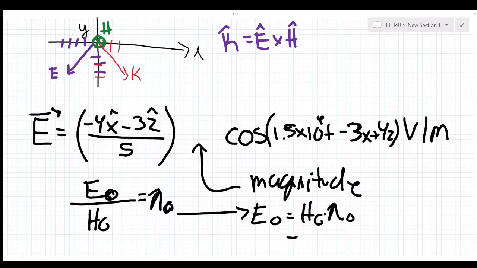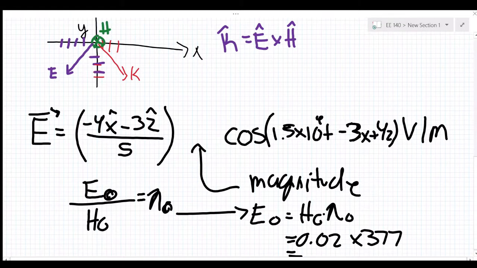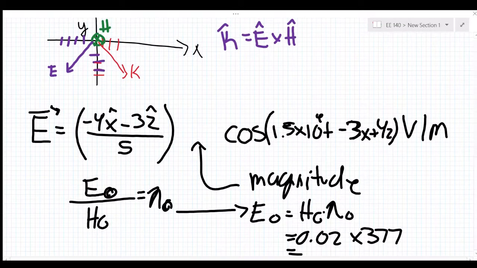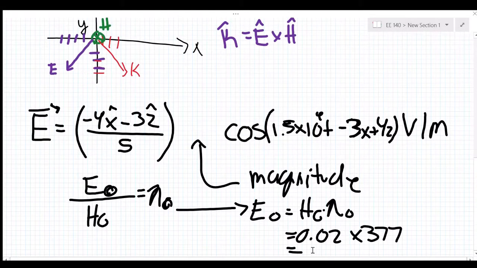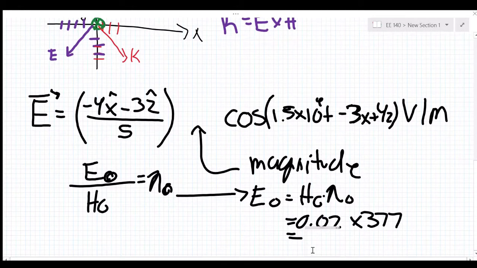So our H naught is 0.02, and our eta naught is 377. So E naught would be equal to 7.54 as our magnitude of the E field.